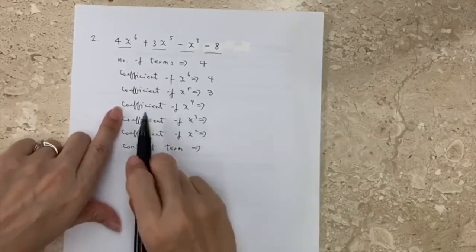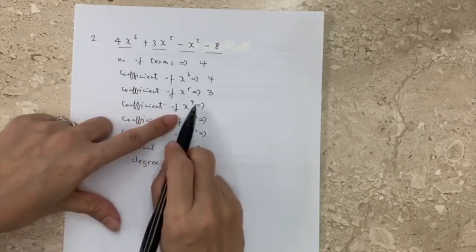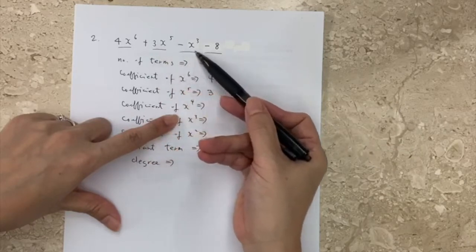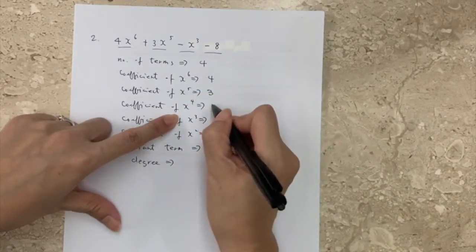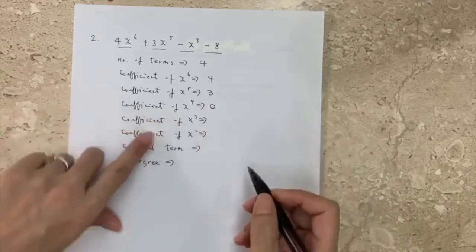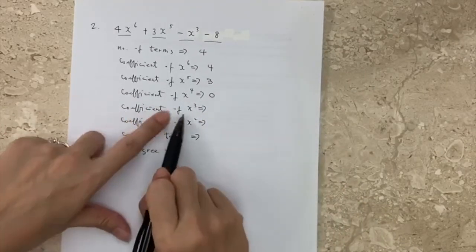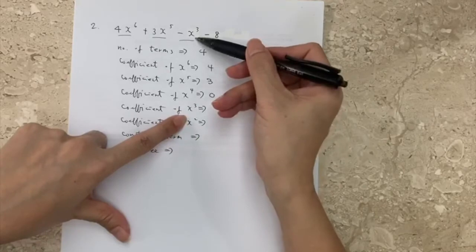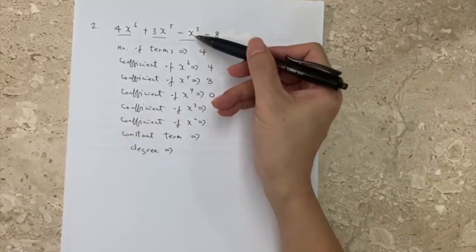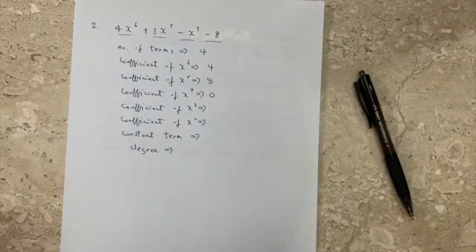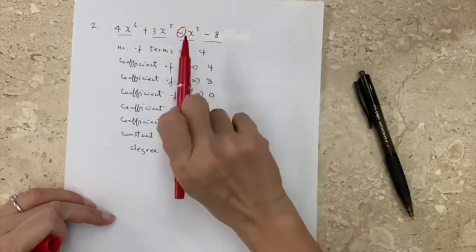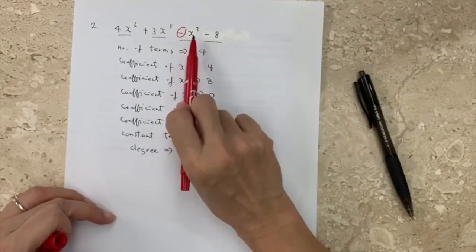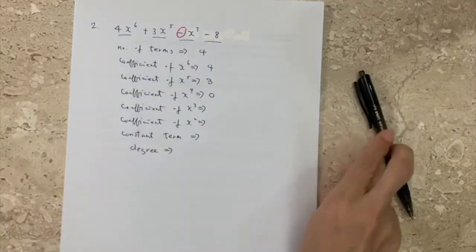And then next, coefficient of x to the power 4. If you look at the polynomial, we don't have any x to the power 4, so therefore the coefficient of x to the power 4 will be 0. Alright, and then coefficient of x to the power 3. Be very careful, this is minus with no number in front of x to the power 3, so it must be 1.